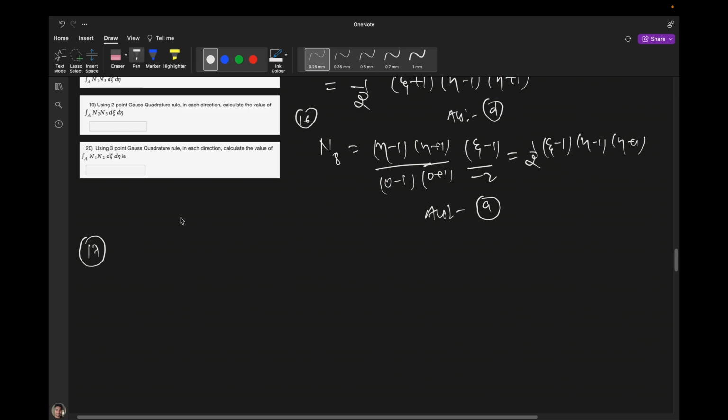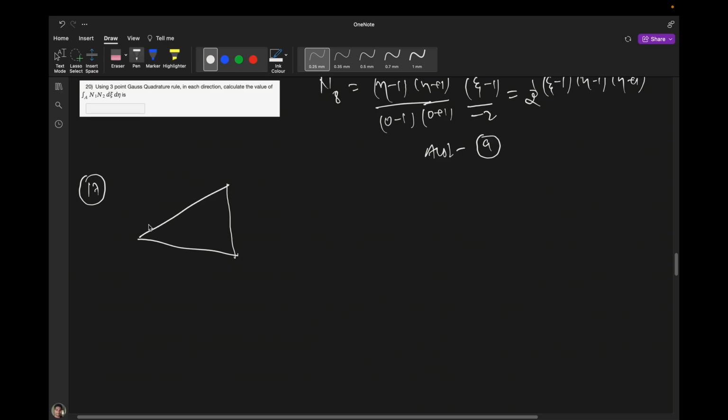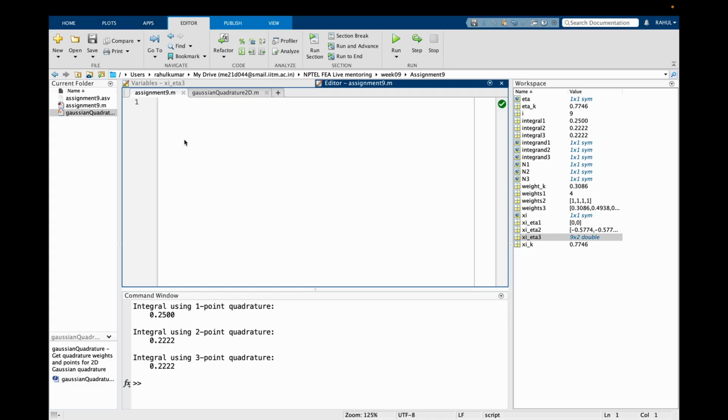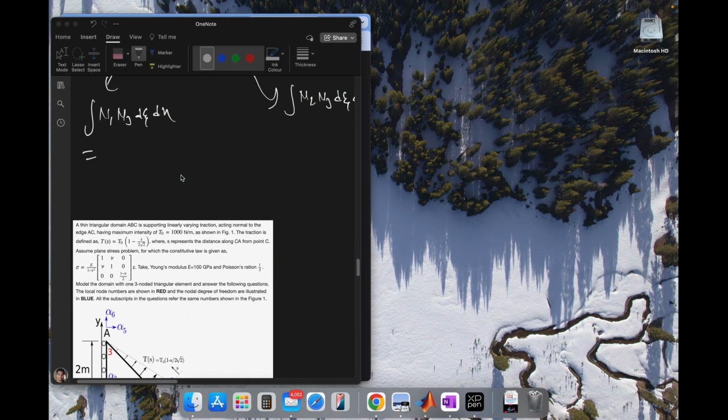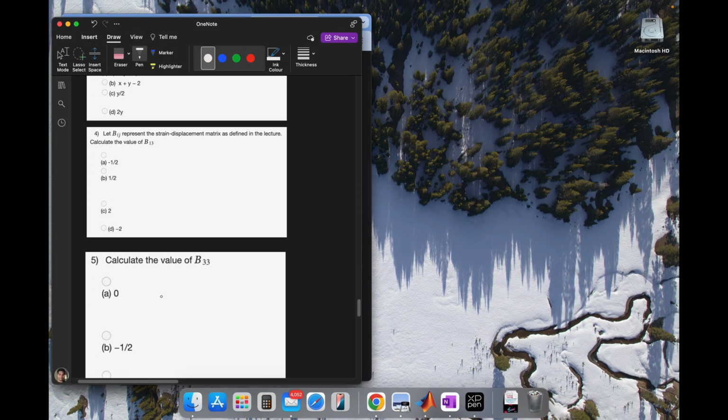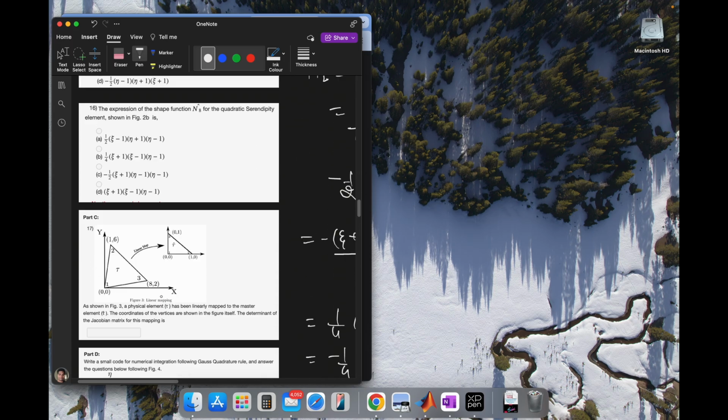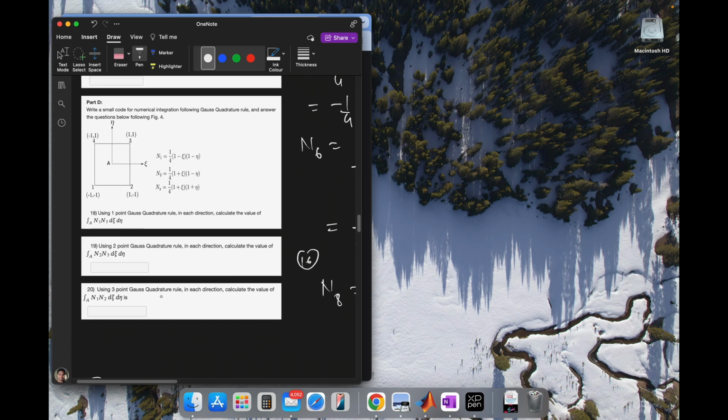First we need to get the shape function, and from the diagram, in this problem it is saying that we have three shape functions n1, n2, n3, and we have to use the Gauss quadrature 0.1, 0.2 and 0.3.